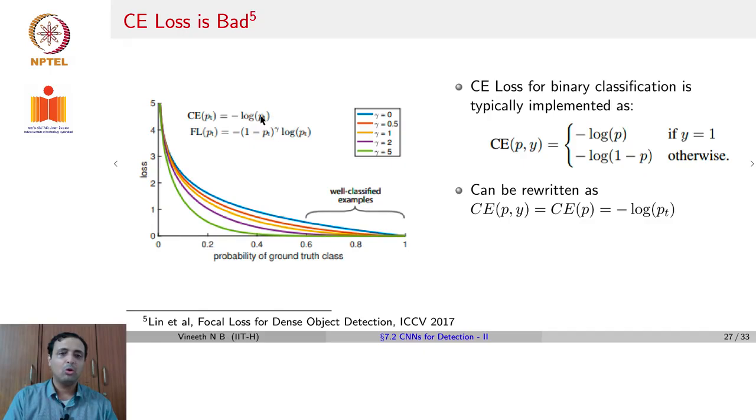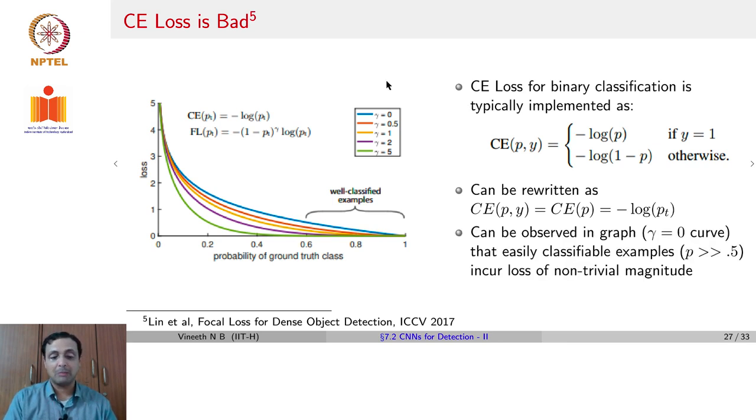Over their empirical studies, they observed this graph here. Remember that when gamma is equal to 0, this loss introduced by them, known as the focal loss, has a coefficient that turns out to be 1, and the loss just becomes your standard log loss or cross entropy loss.